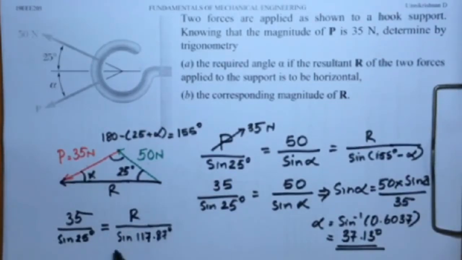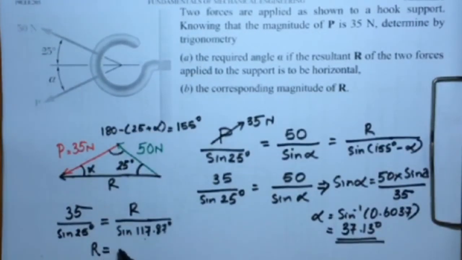So, from this we can find out R is equal to 35 into sine 117.87 divided by sine 25. So, this value turns out to be 73.21 newtons.